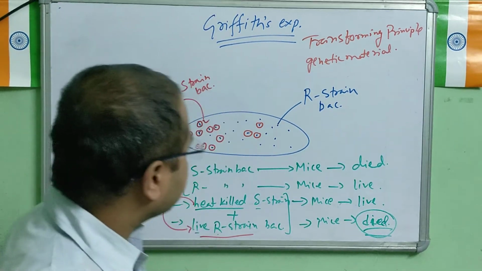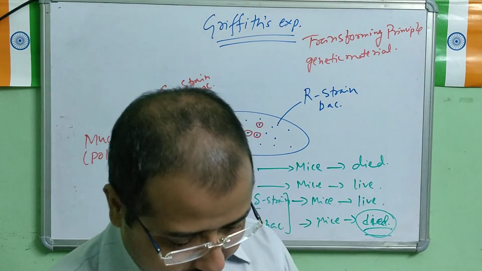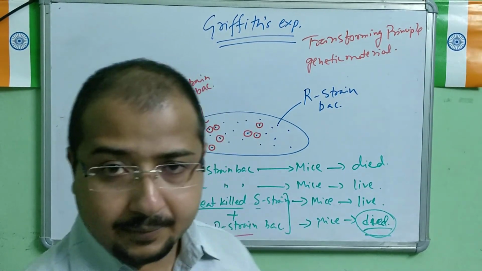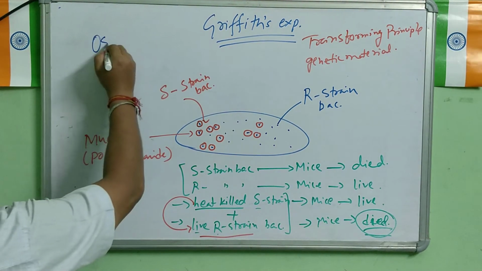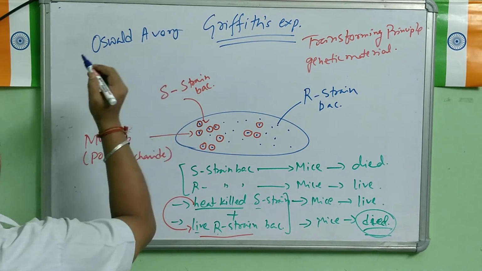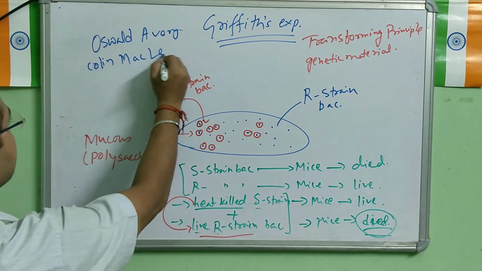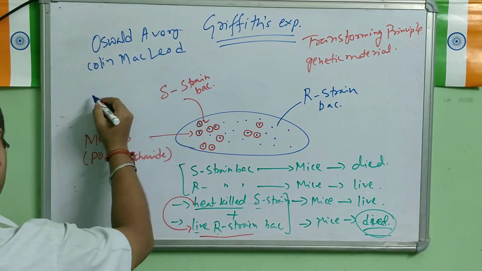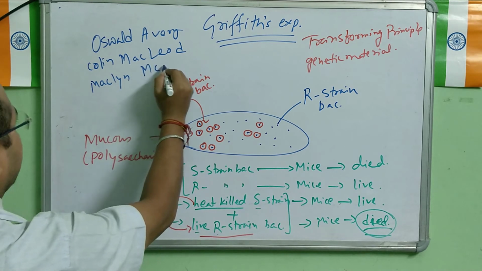Later on, three scientists named in the book: Oswald Avery, number one; number two, Colin MacLeod, and Maclyn McCarty.